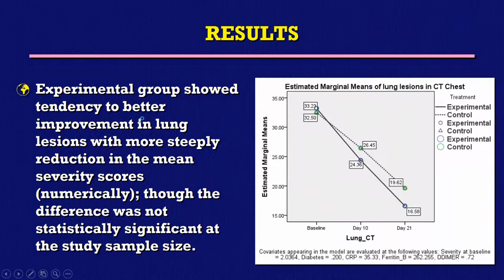And this shows the experimental group showing tendency to better improvement in lung lesions with more steep reduction in the mean severity score numerically, though the difference was not statistically significant at the study sample size, but also it is concordant with all the efficacy markers in this study, which support the concept of the study.